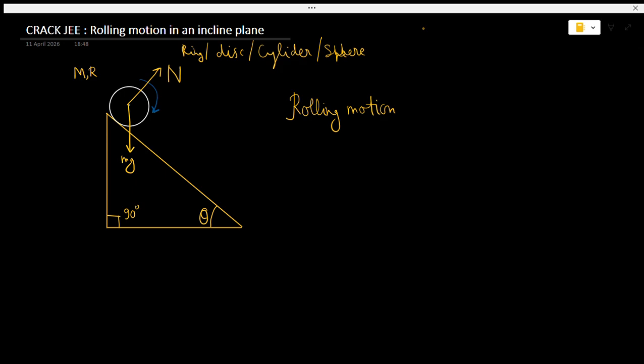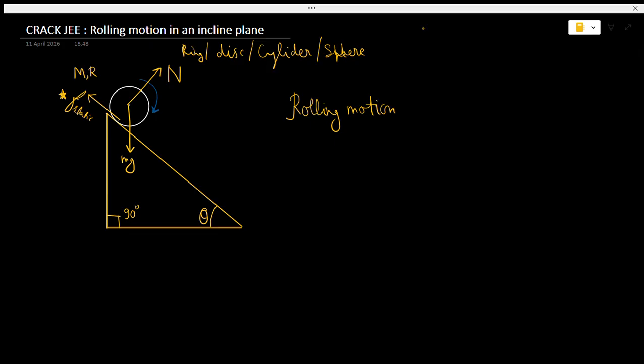And very important, the direction of friction. You will always have to remember the friction at this point of contact will be in this direction, and this friction is static for pure rolling. This is a very important factor to learn for exams like JEE or NEET.